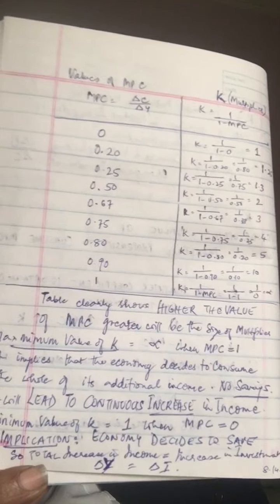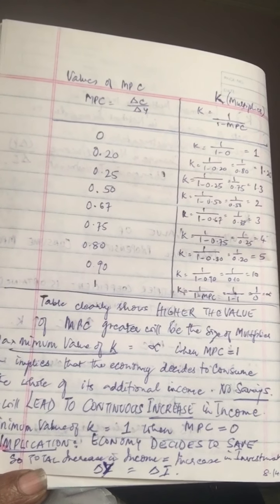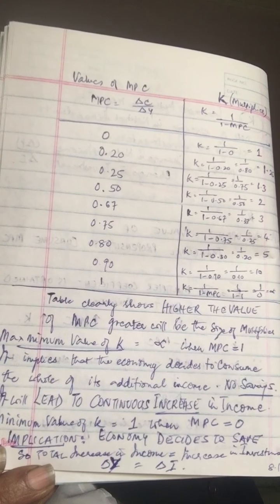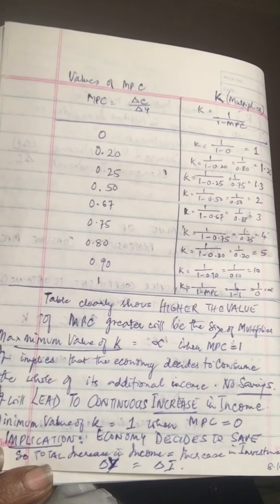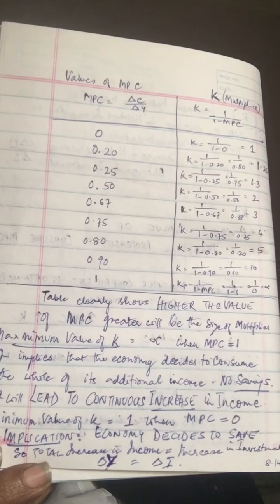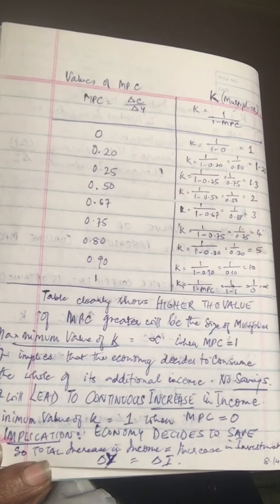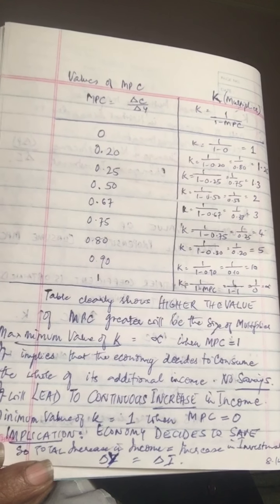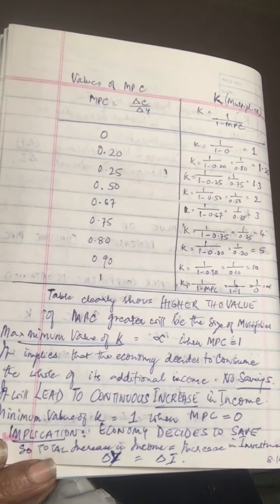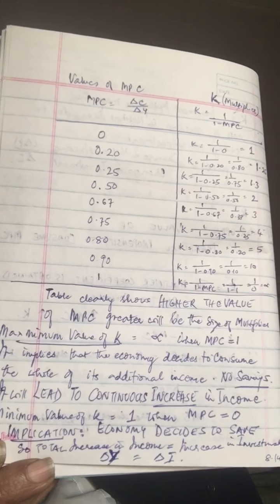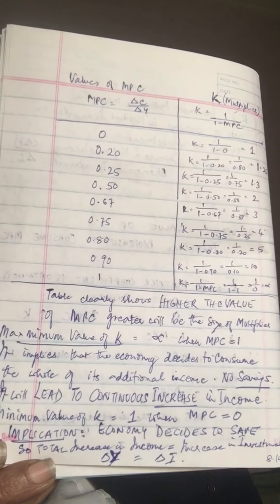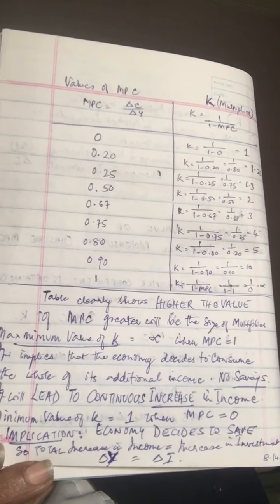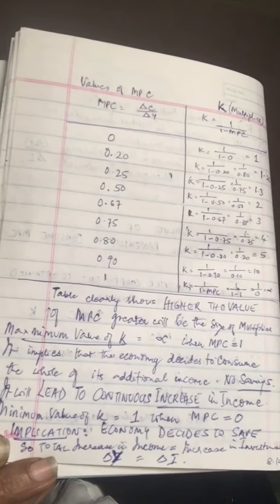And if the value of MPC further rises to 0.80, then the value of the multiplier further rises to 5. So it is important to note that the minimum value of the multiplier can be 1 when the marginal propensity to consume is 0, and the maximum value can be infinity when the marginal propensity to consume is equal to 1. Obviously these are the two extremes and we move around in between.